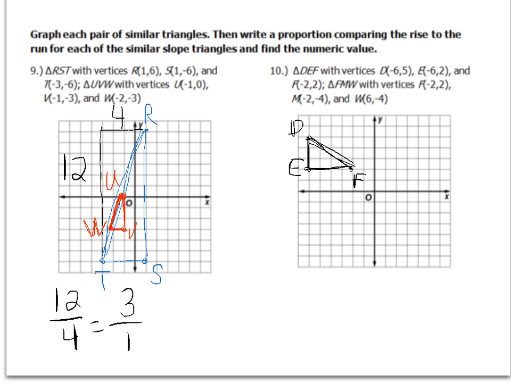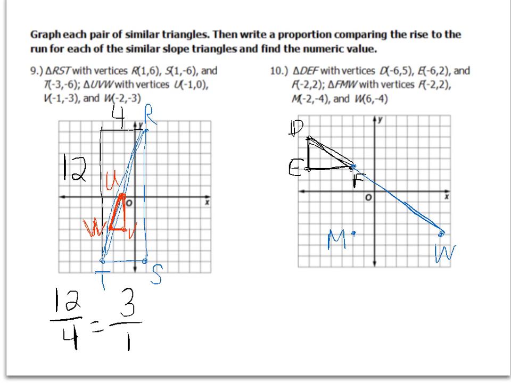Very poorly drawn. Have to really figure something out for that. And then we have the second triangle, which is sharing a point right here, negative 2, negative 4 for M, and positive 6, negative 4 for W.